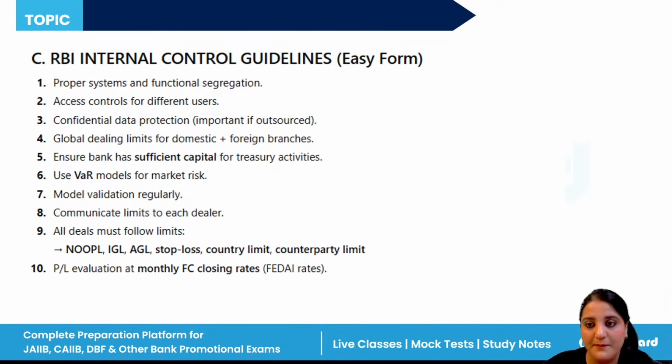They check all the limits, they do the market analysis, they do the model valuation, and they follow all the compliance and the reporting. And back office is where confirmation, reconciliation, settlement and accounting happen, right? It is important to avoid any type of fraud and misreporting.